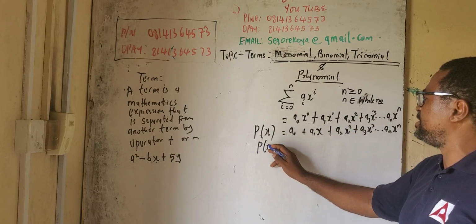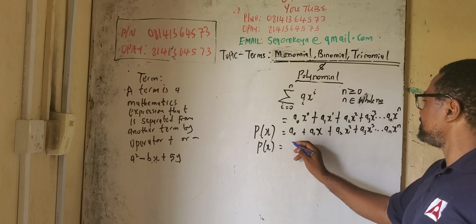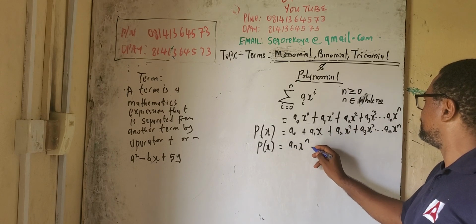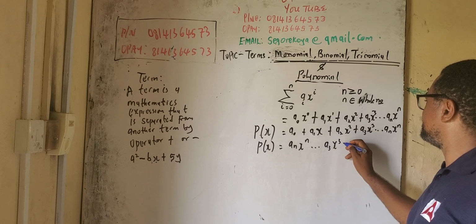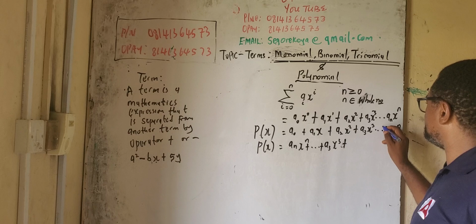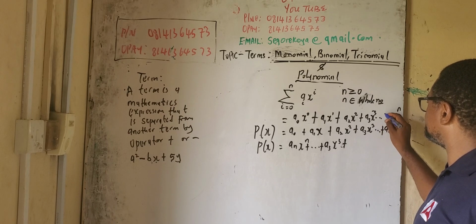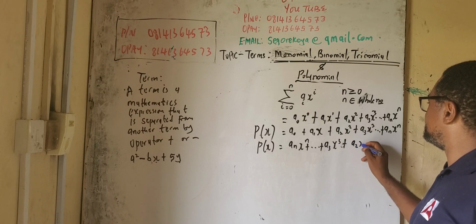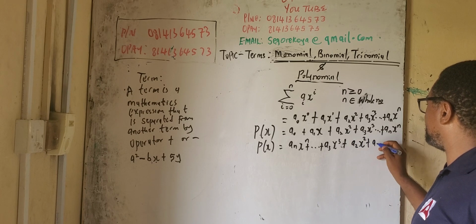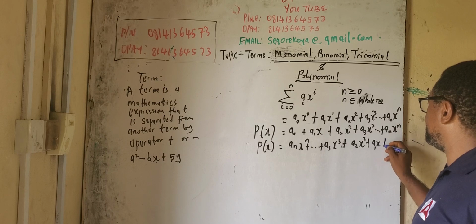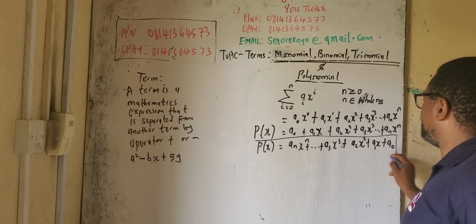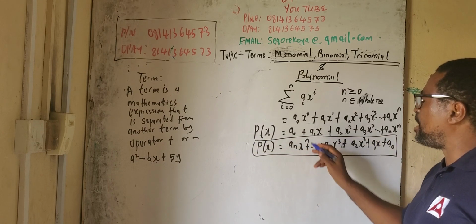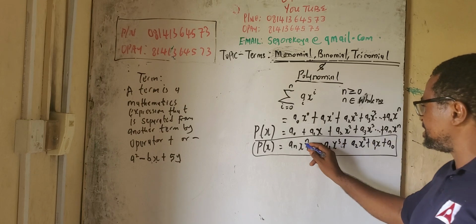This polynomial can equally be written as an x raised to power n, and so on, plus a3 x raised to power 3, plus a2 x raised to power 2, plus a1 x raised to power 1, plus a0.